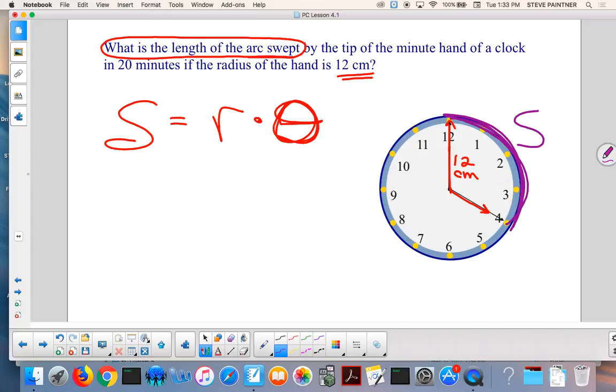You're looking for S, the outside edge of the circle, the arc length. How far did the minute hand travel? From 12 to 4.